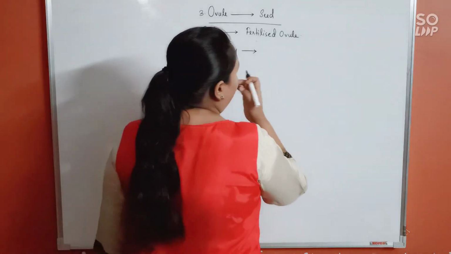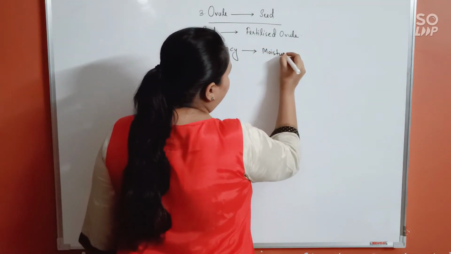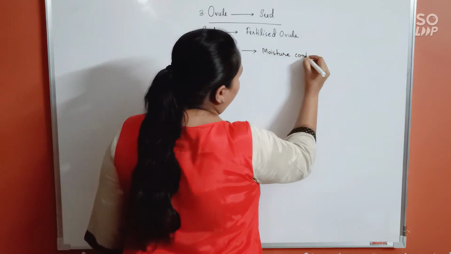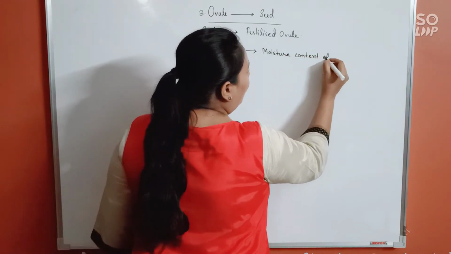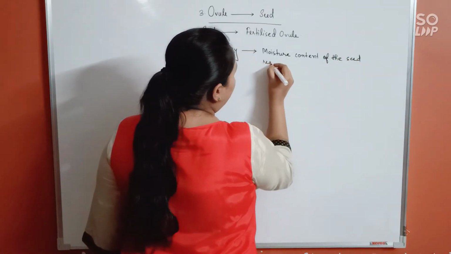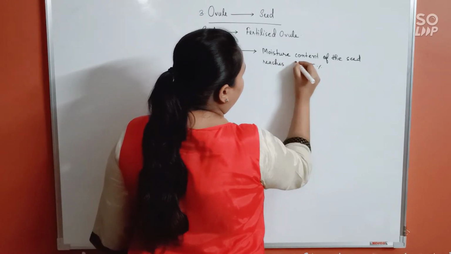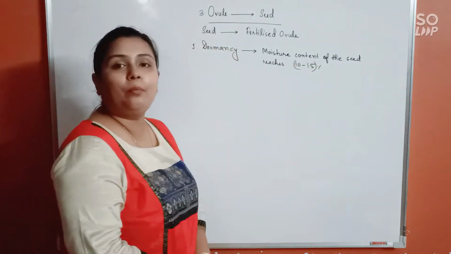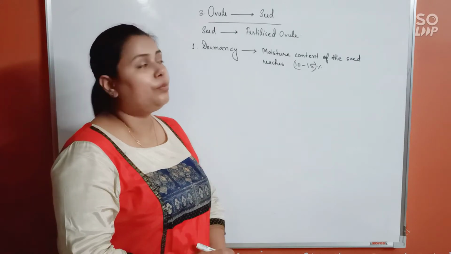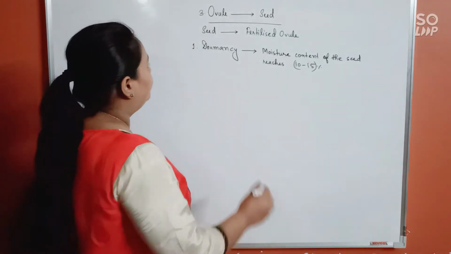During dormancy period, the moisture content of the seed reaches 10 to 15%. Okay, the moisture content of the seed would become 10 to 15% during dormancy period.